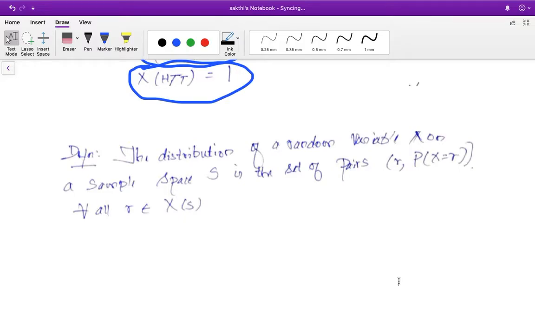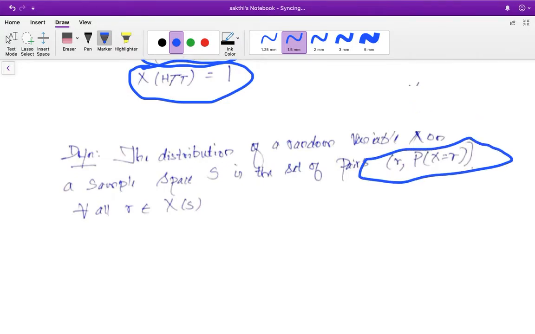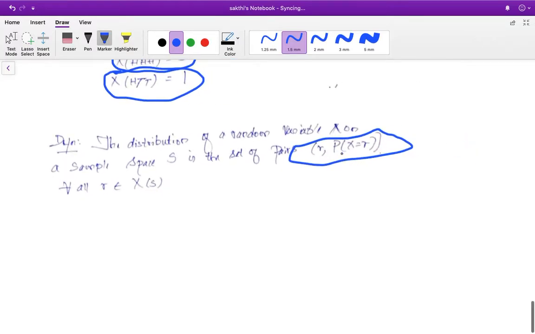And what is the probability of getting that? That is the second coordinate. So if r denotes the outcome, P of X equal to r denotes the probability of getting that outcome, and the set of all pairs for which r belongs to X of S is nothing but the distribution of a random variable.